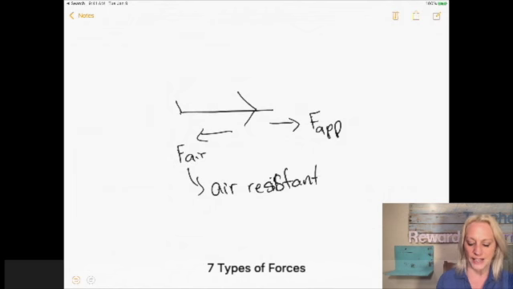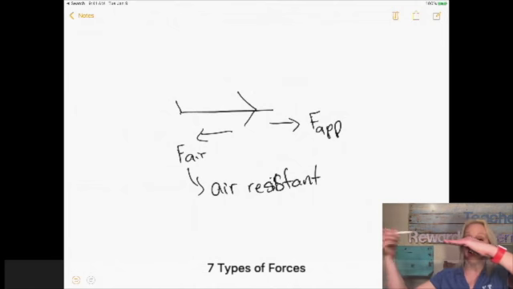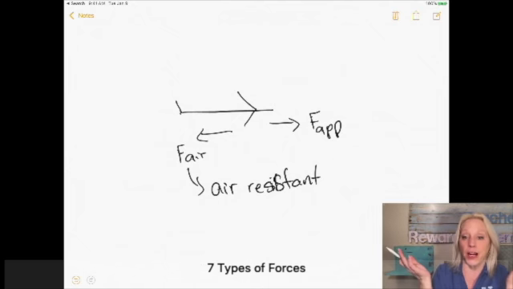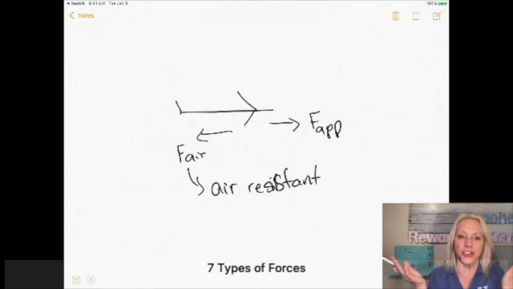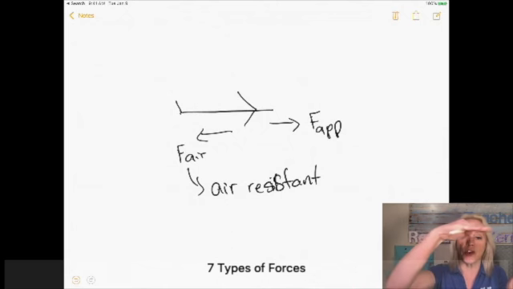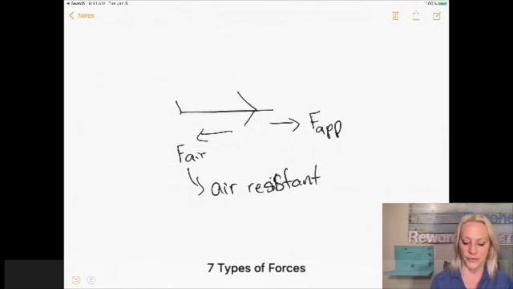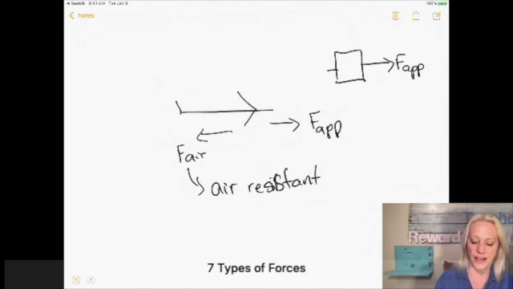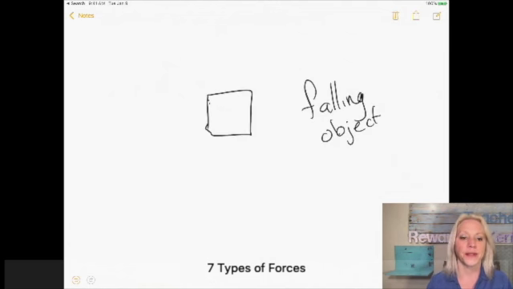So that means that we have a force, the air is slowing the airplane down in the opposite direction of the applied force. So if the airplane were to stop its engines, the air resistance would slow down the airplane. And if we did a free body diagram of this one, we'd have force applied, and in the other direction, we would have force of air resistance.